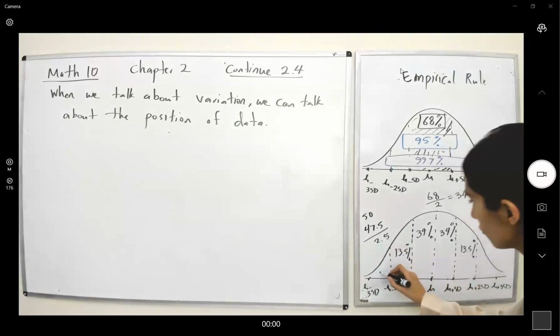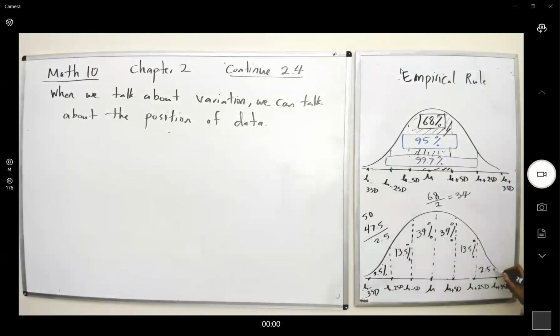So you get 2.5% on each side. So this is equivalent to writing these in smaller portions. So 34%, 34%, 13.5%, 13.5%, 2.5%, 2.5%.